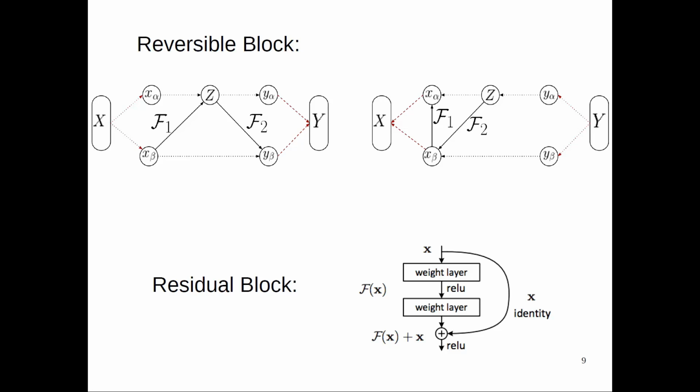These red lines here correspond to splitting up and concatenating the input feature space, often along the channel dimension. And so the idea is you have an input, you split it along the channels, then you perform this transformation, and then you concatenate at the end. And this allows us to do a forward and backwards pass through each reversible block.